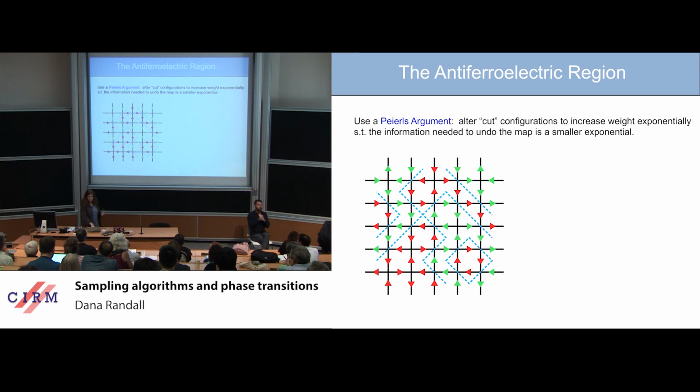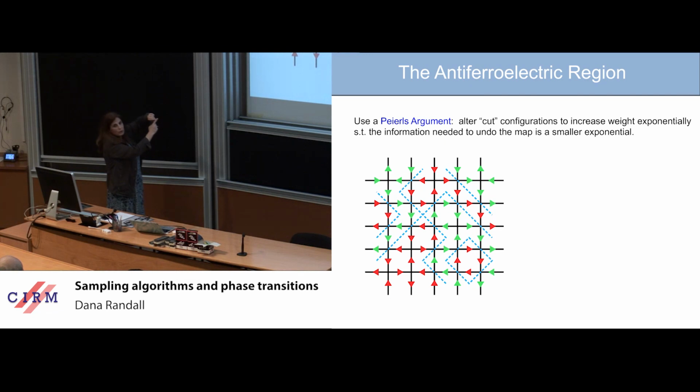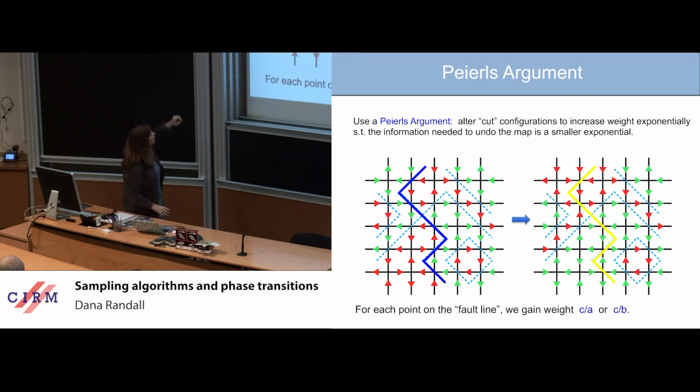So more precisely, if this is a configuration that has a lot of green and a lot of red, the blue lines are bisecting corners that are not saddle points into the green part and the red part. And what I can do is choose one of these blue paths and flip the colors on the other side.